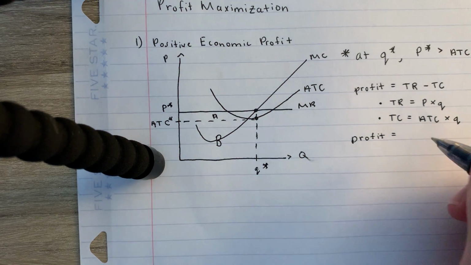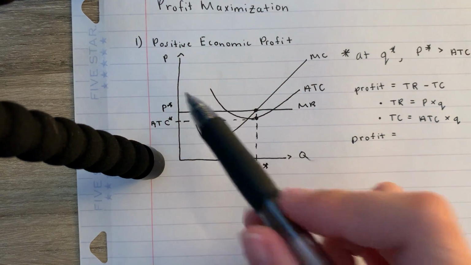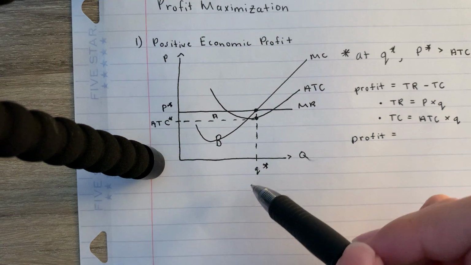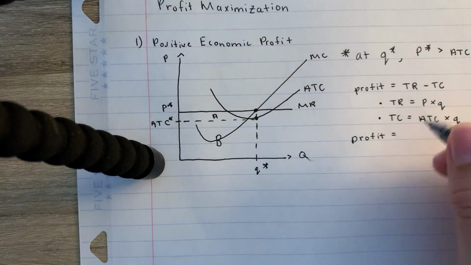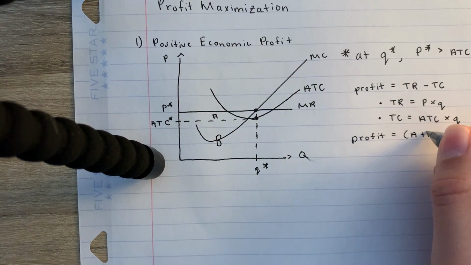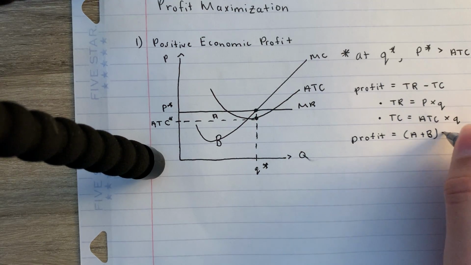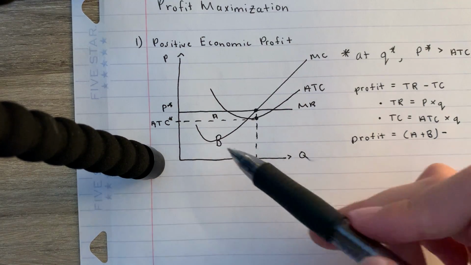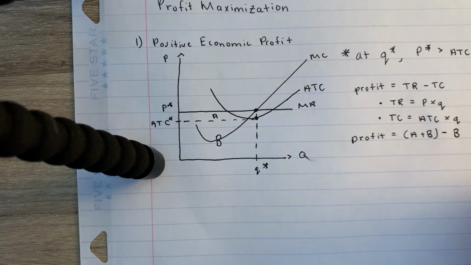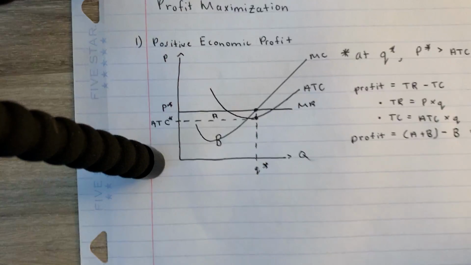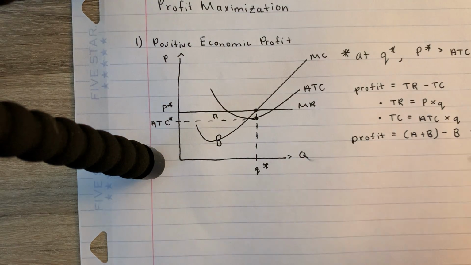is equal to, well, what's our total revenue? Our P times Q is going to be A plus B, minus TC. What's our total cost? Well, it's just going to be B. So you can see that that leaves us with A plus B minus B, which is just A. So that leaves us with the area A. So area A is our profit.